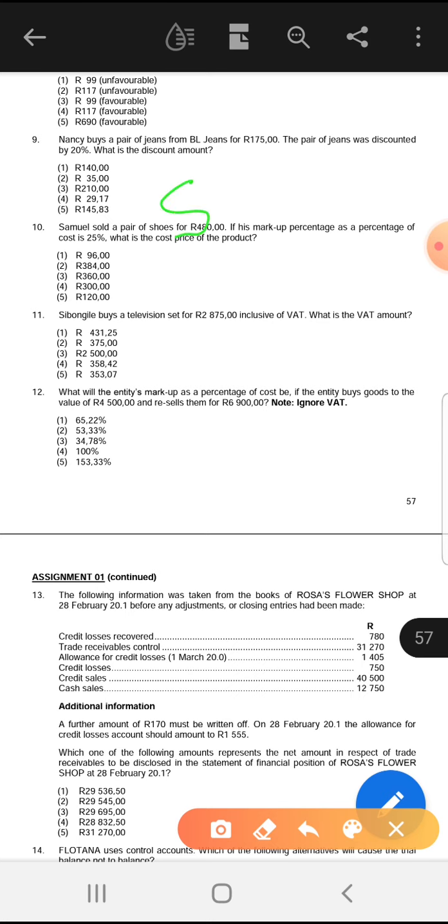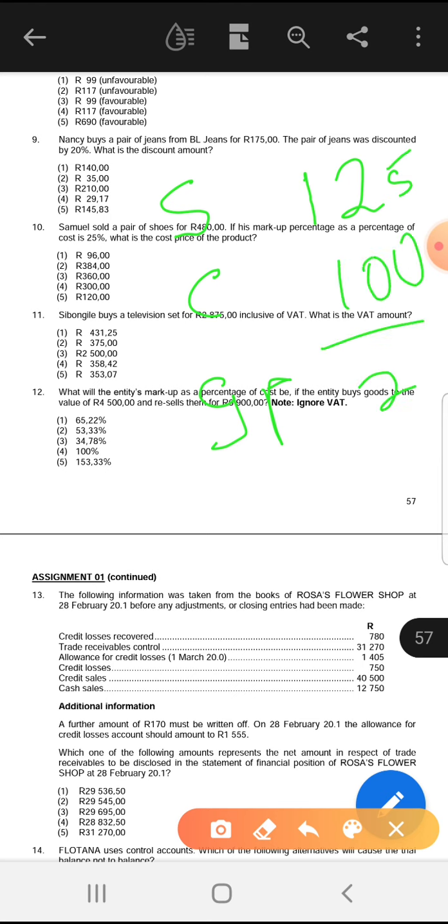We say sales minus cost price, it will give us our gross profit. Remember they said the markup is 25, so our sales will be adding, then our profit is 25. So our profit here we can treat as our markup.